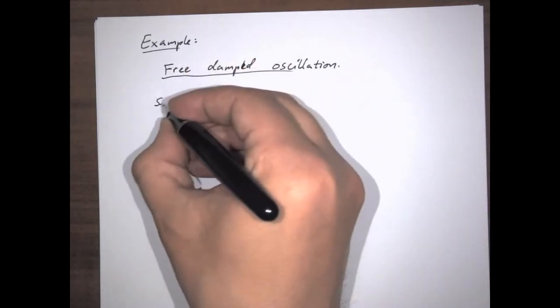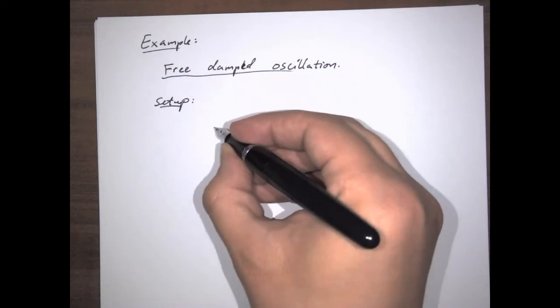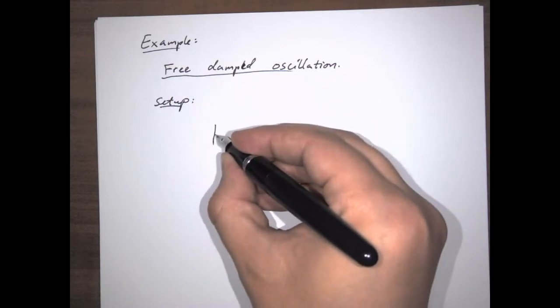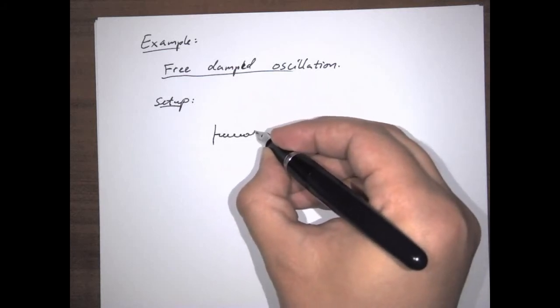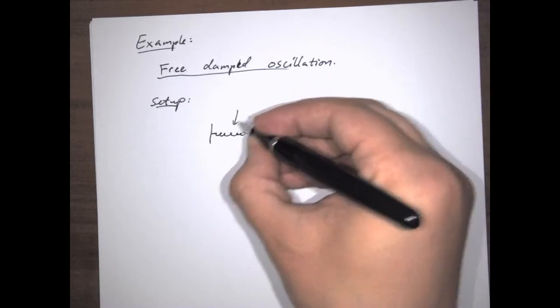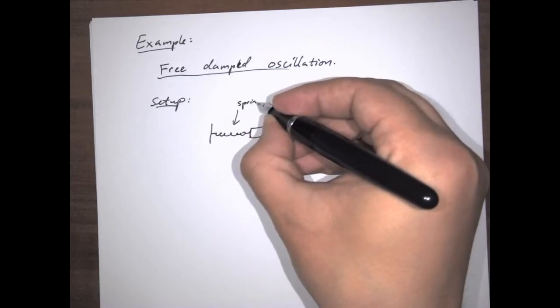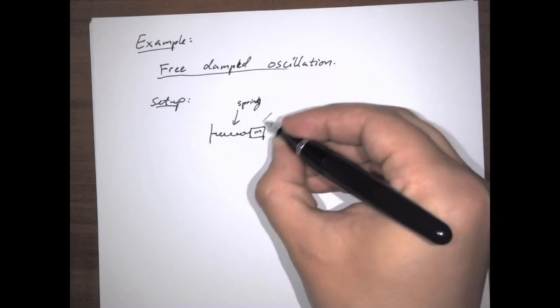So the setup here is that we've got a spring, we've got a mass attached to that spring. So here's the spring, and then a mass attached to the spring.